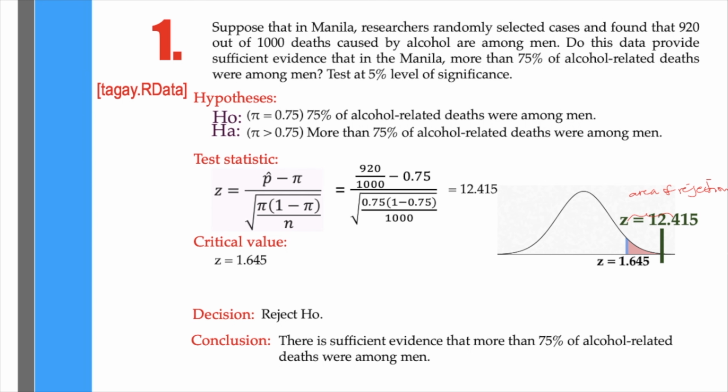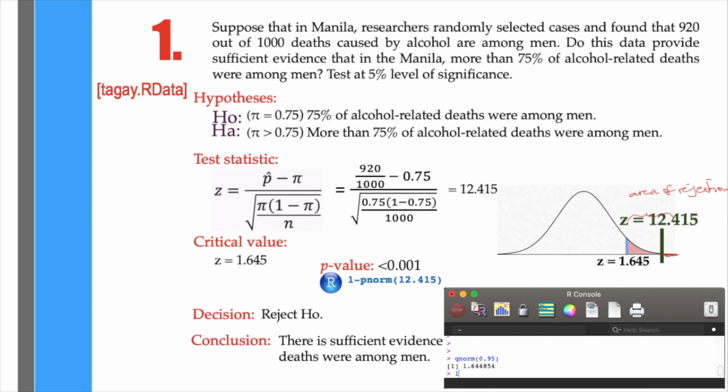And as for the p-value, all we have to do is to compute for the area from 12.415 to the right. And that may be computed using R using 1 minus pnorm(12.415), which gives us a value of approximately 0, which we're going to write as less than 0.001.